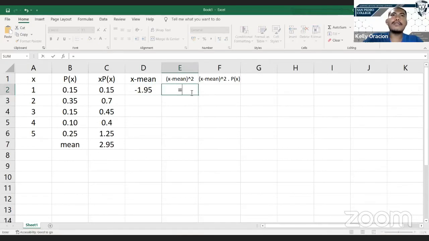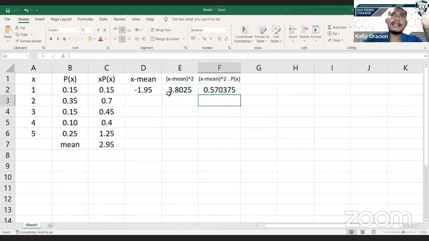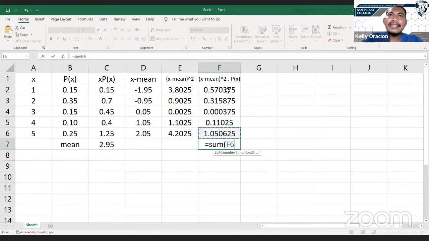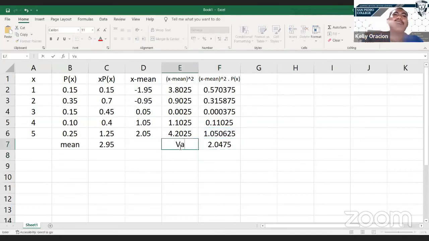Then square it. Then multiply it by the probability. The times sign is an asterisk. Then drag it, highlight and drag. The sum of this one is your variance.